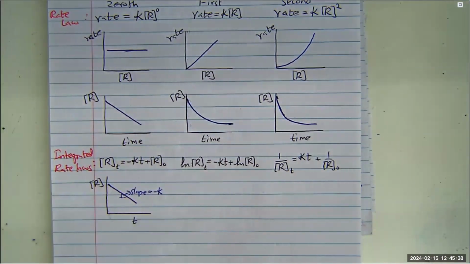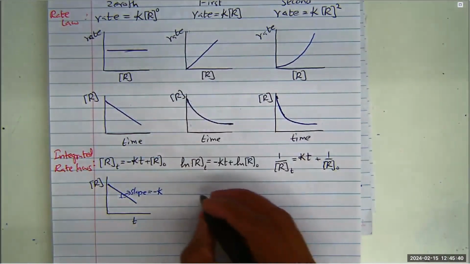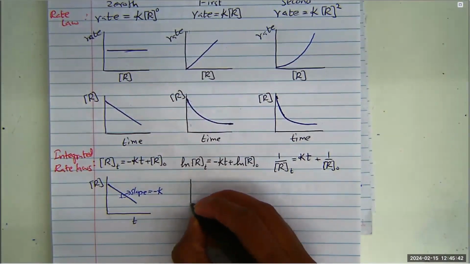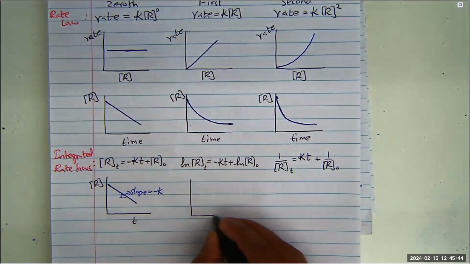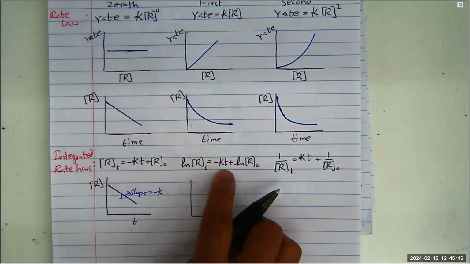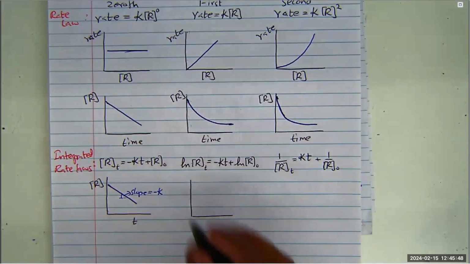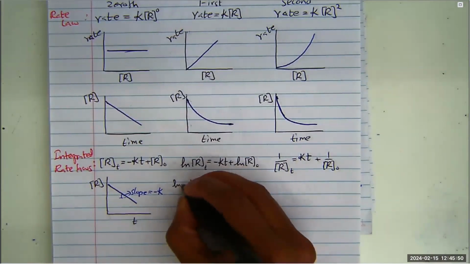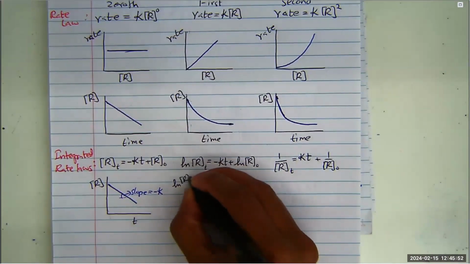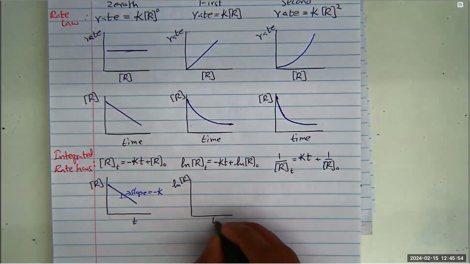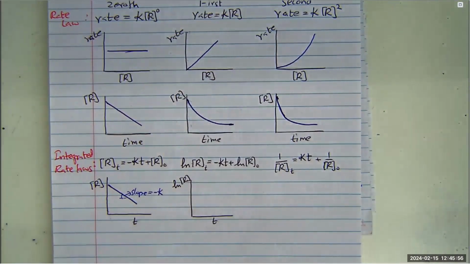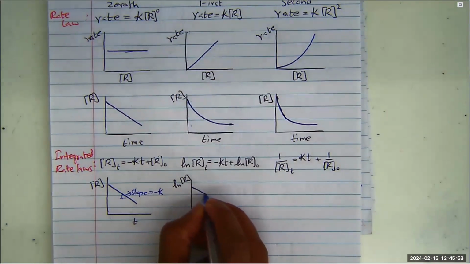And then when it comes to first order reactions, you're going to plot not reactant concentration versus time, but natural log of reactant concentration versus time. And if you do that, again, you're going to get a linear graph.